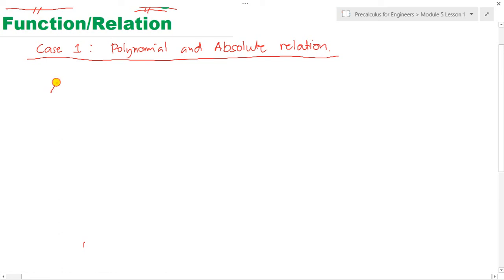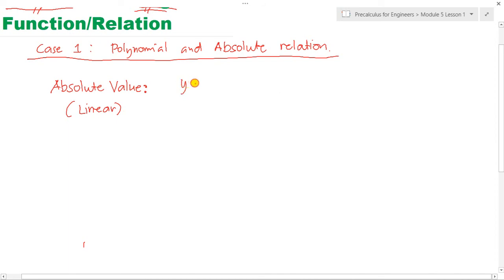So, we have here absolute value. Class, in dealing with absolute value functions, sayon ra. Let's assume nga ang absolute value class is linear. So again, let's start with absolute value wherein the inside of the absolute bar is linear.